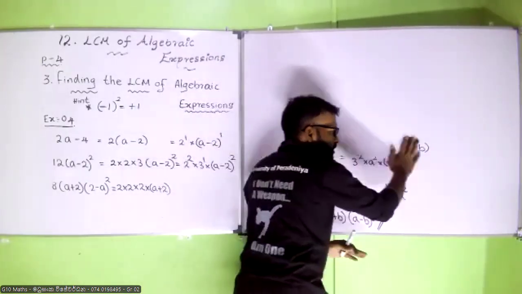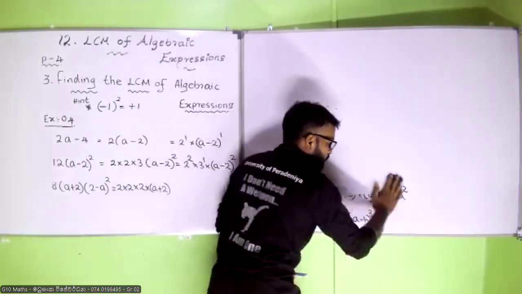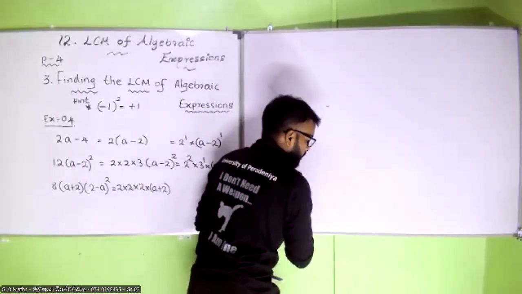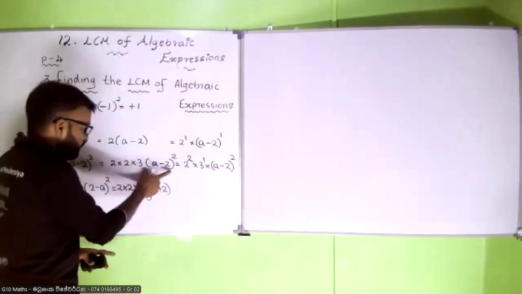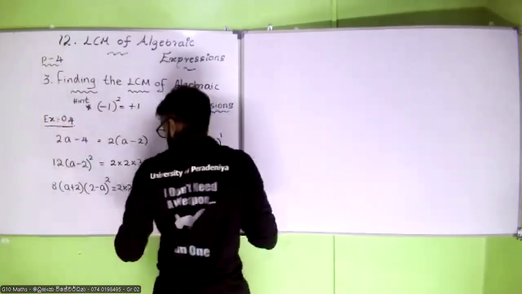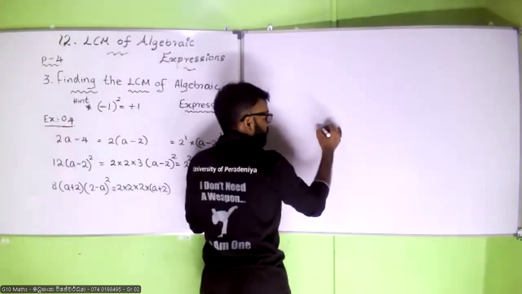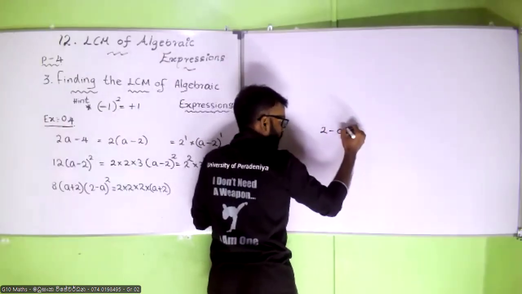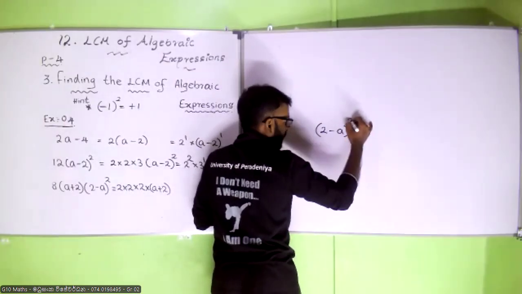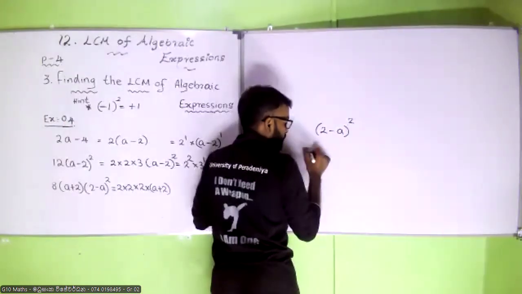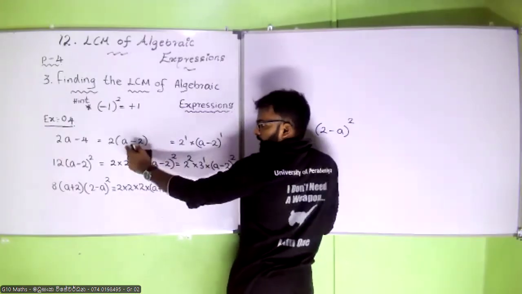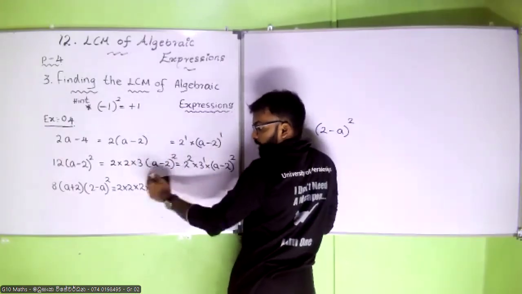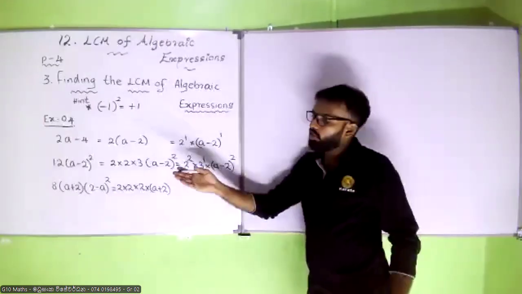You are missing small things when you are doing the simplifications. That is the fundamentals, right? So here you have a 2 minus a. Sometimes you might have done this correctly, doesn't matter, but in the majority we have a minus 2, a minus 2, but here there is an odd one.